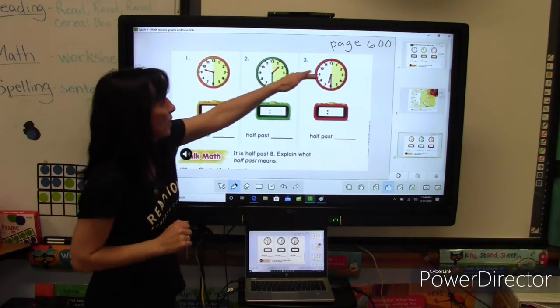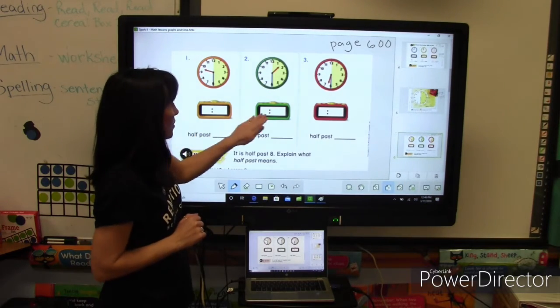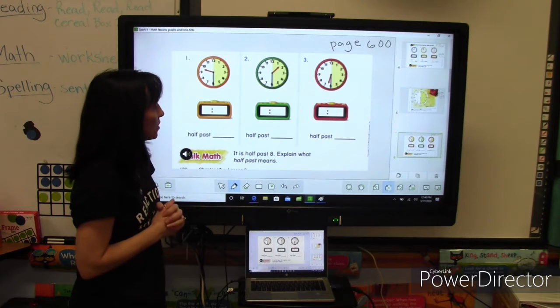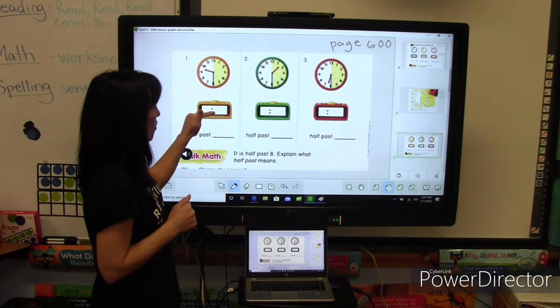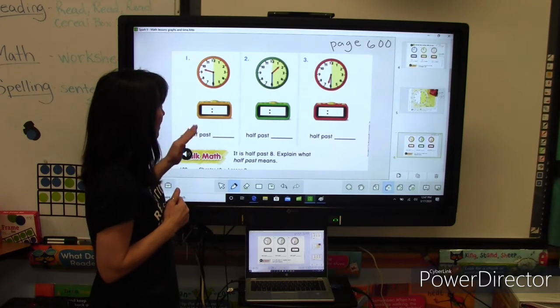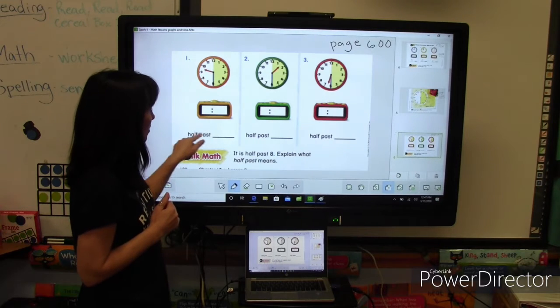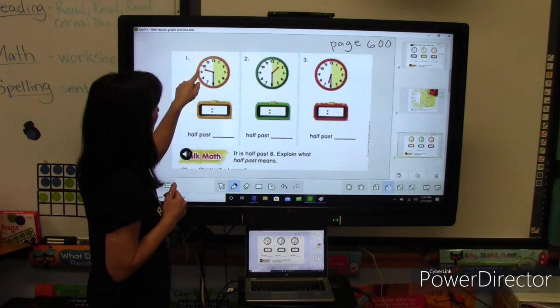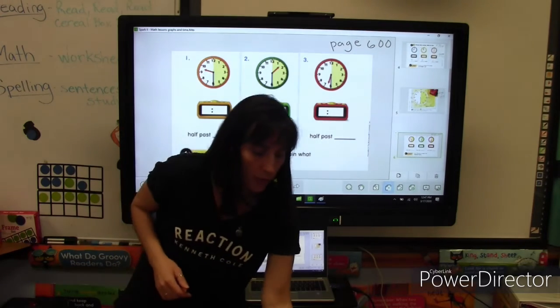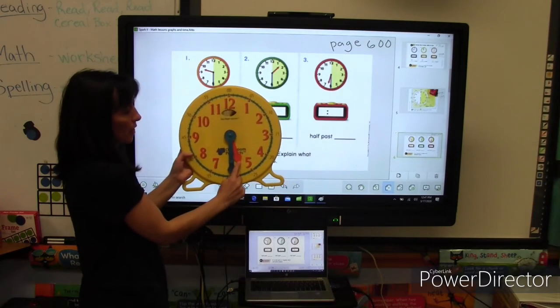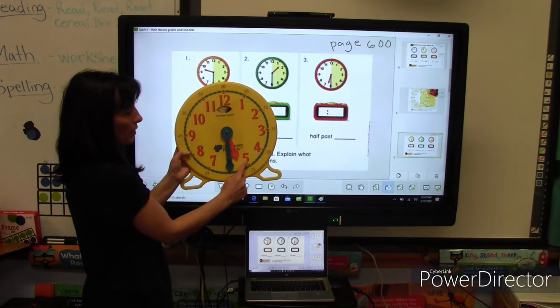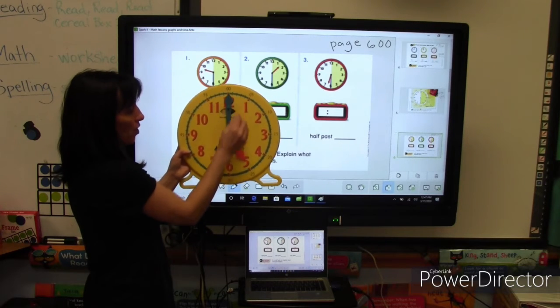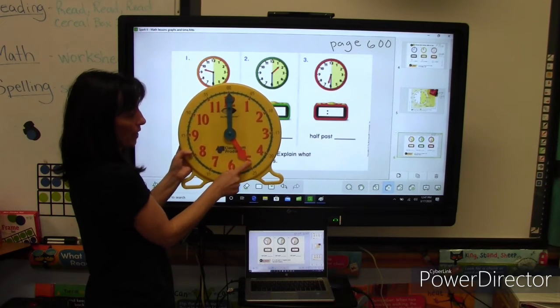We have again our analog clocks and our digital clocks. They want us to fill in the half hours on the digital clocks and then answer our time question at the bottom. So our first clock, if we look at the hour hand, once we go to the half hour, you'll notice that the hour hand doesn't point right at the number. When it was 5 o'clock, that hour hand was pointed right at the 5.